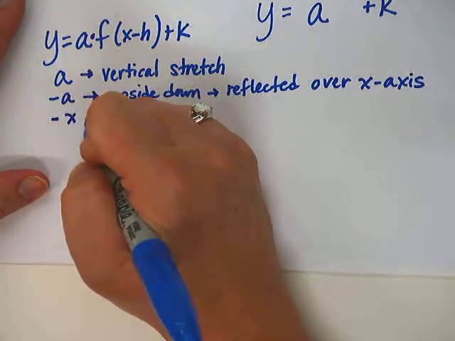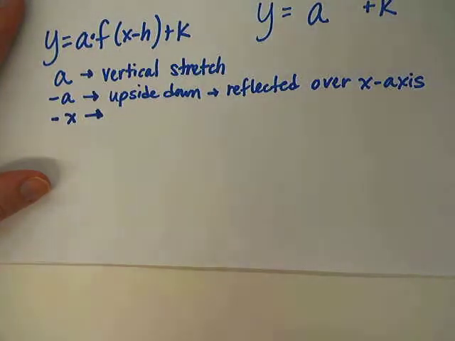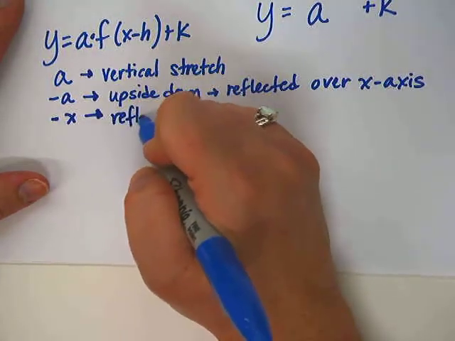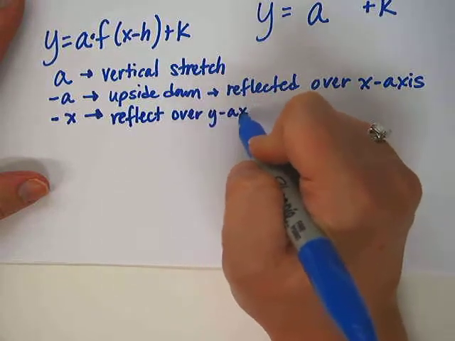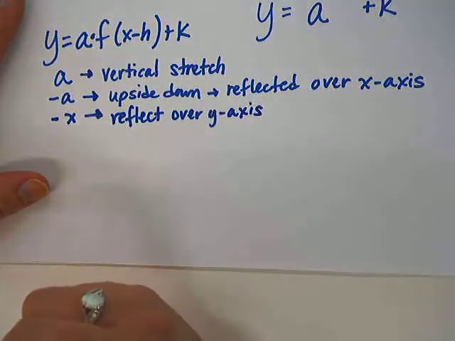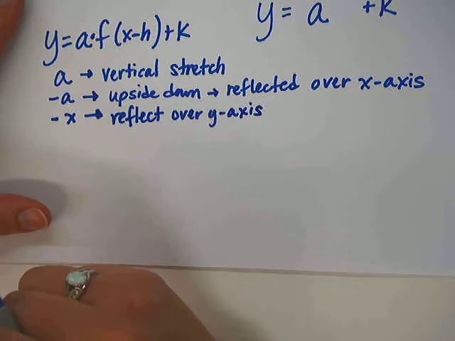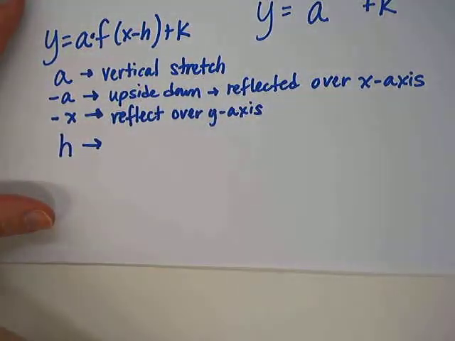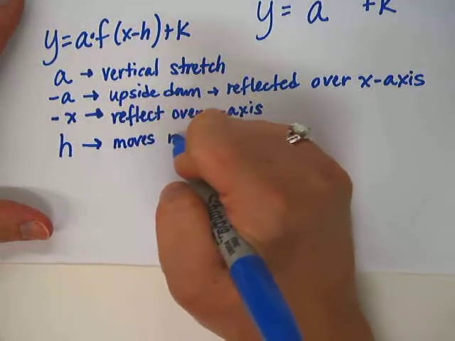Okay? Now, here is one thing I didn't put on your lab that you need to know. If the x is negative, any ideas on what that does? Instead of turning it upside down, it's going to reflect it over the y-axis. Okay, so that wasn't on your little self-starter assignment, but that's something we will talk about. Okay, h. What does h do?